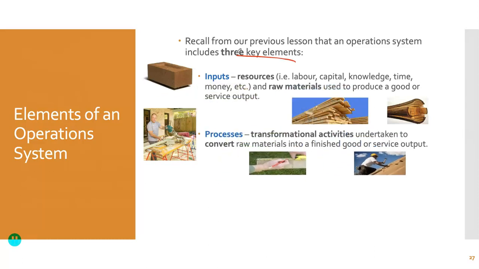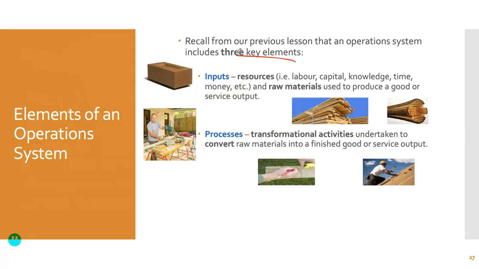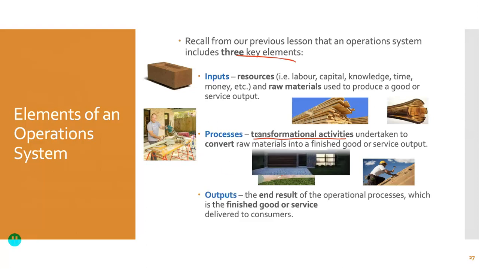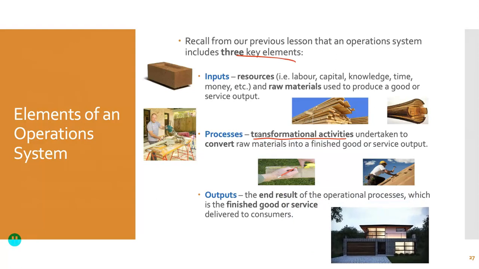We then have processes, because businesses will conduct transformational activities to convert these inputs into a finished good or service. And then we have the output, which is the end result, the finished goods or service.